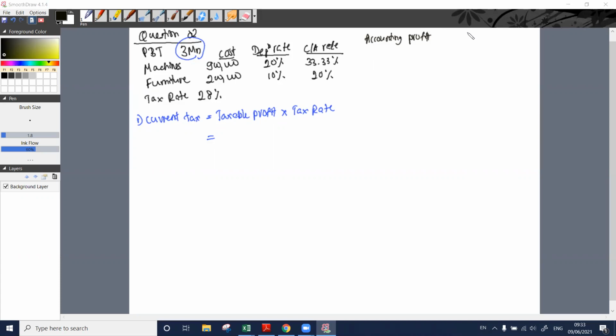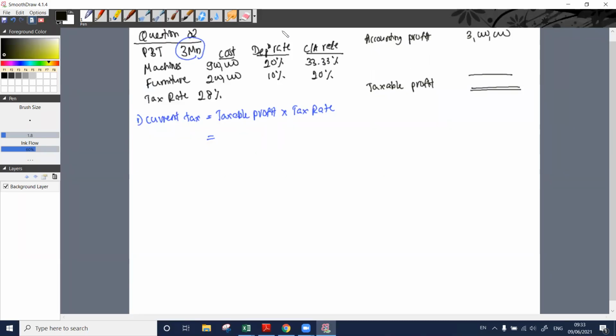Accounting profit is 3 million. This accounting profit we need to convert into taxable profit. මේ accounting profit එක taxable profit එකක් විදියට convert කරන්න ඕන. කොහොමද කරන්නේ? When computing the taxable profit, what do we know?